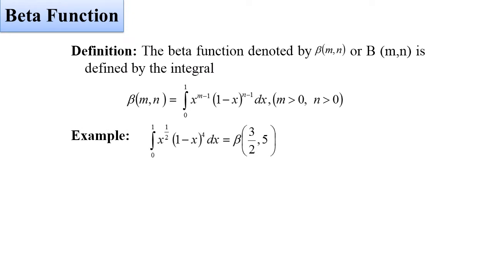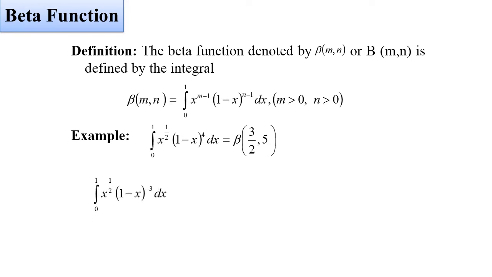For example, if we have the integral from 0 to 1 of x to the power 1/2, times 1 minus x to the power 4, dx, directly we can write this as beta(3/2, 5). Here m minus 1 is 1/2, that's why m is 3/2, and n minus 1 is 4, that's why n is 5.